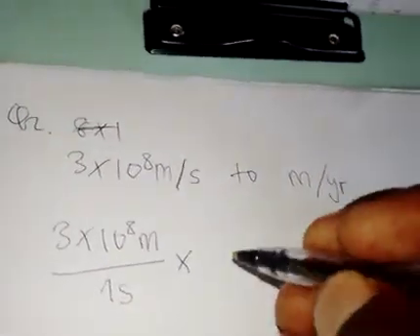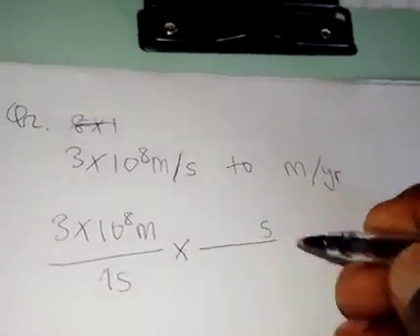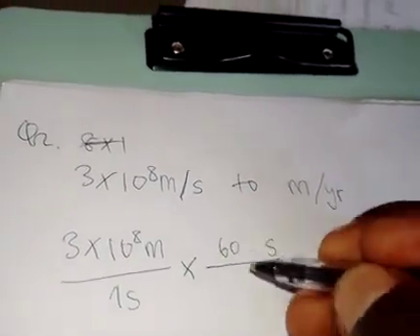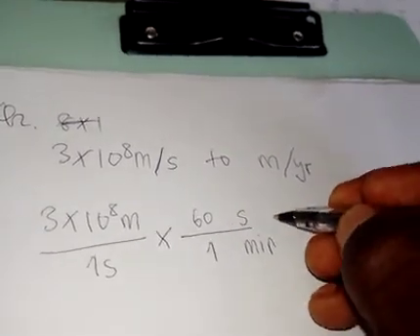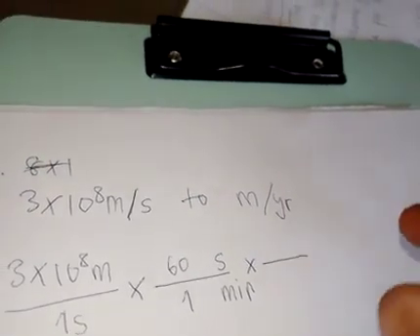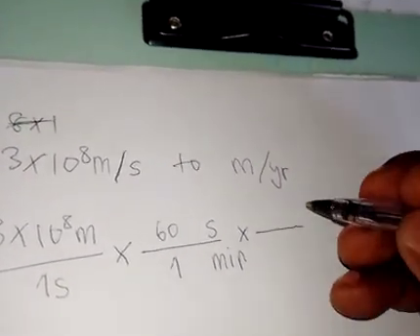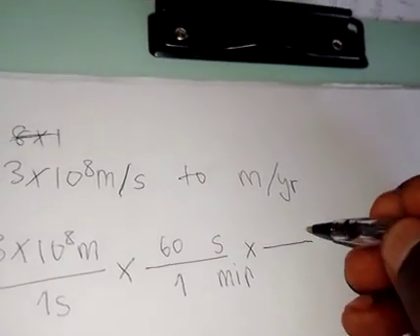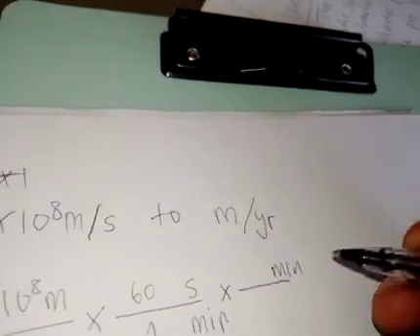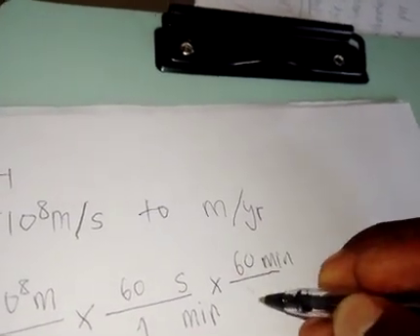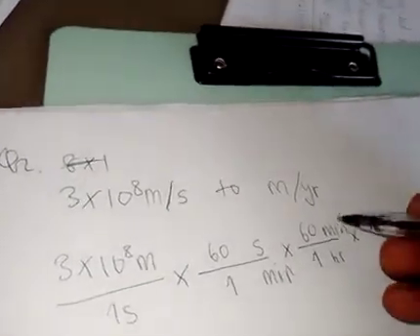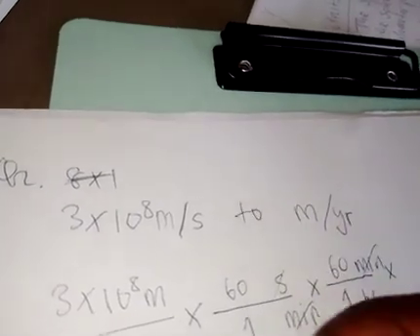From seconds we can go into minutes. So 60 seconds will give us 1 minute. Then multiply by, minutes can be converted into hours. So you can see we have 60 minutes over 1 hour. That minute you cancel, second you cancel.